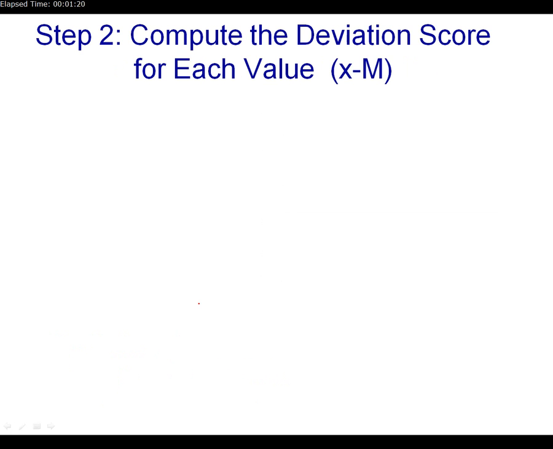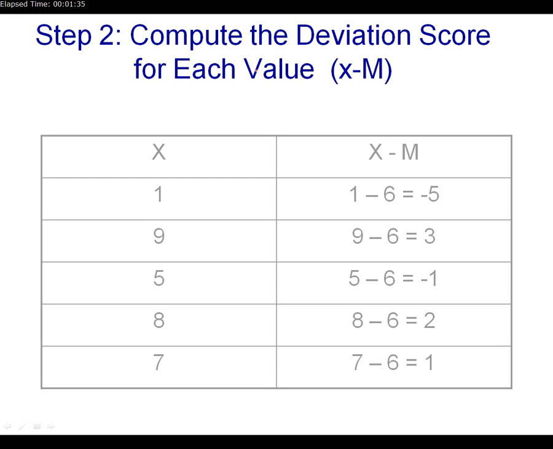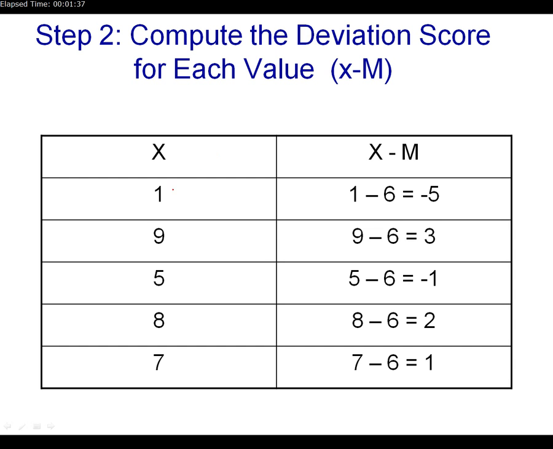Step 2, we need to compute the deviation score for each value. Don't forget, this is just like a recipe. So we're going to subtract m from each x. Let's go ahead and do that. The first x is 1, so 1 minus, what was the m that we just computed?